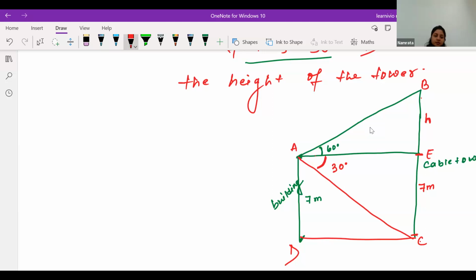Is it possible to find AE, the distance AE? No, that is not given.